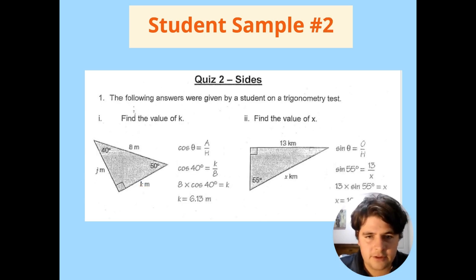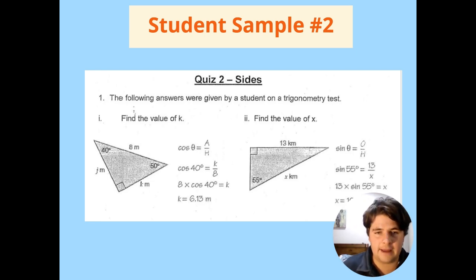And now we come to sample 2. Now in sample 2, what's happened here is that the second student has also made that similar mistake in finding the value of k. So rather than focusing on that, as I've already explained in the previous video, we'll focus on finding the value of x.